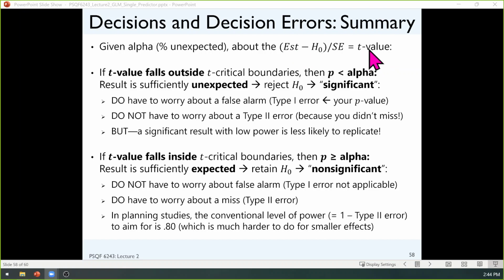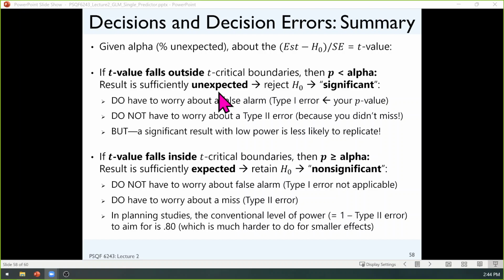T tells you how many standard errors your slope is away from the null hypothesis. If t is outside the critical region, basically greater than 2 or smaller than -2, then you will have a p-value that's less than alpha. You would say the result is sufficiently unexpected, you reject the null hypothesis, and you call it significant.